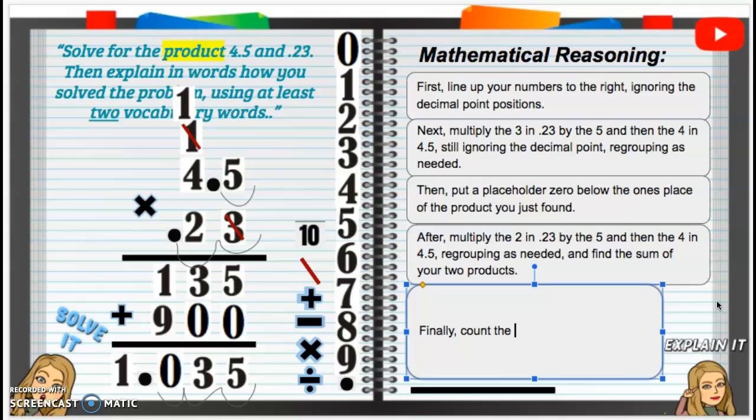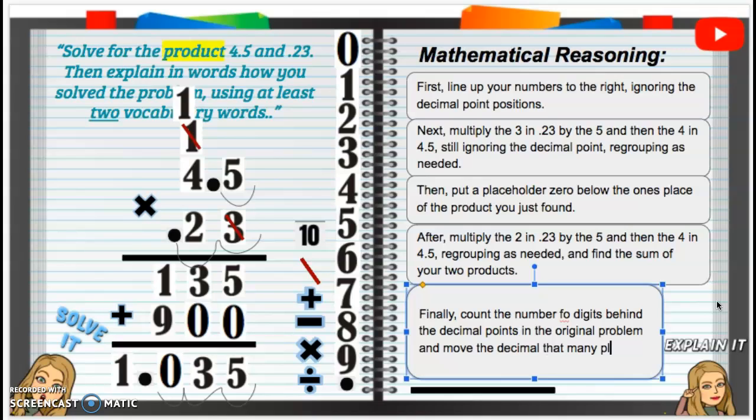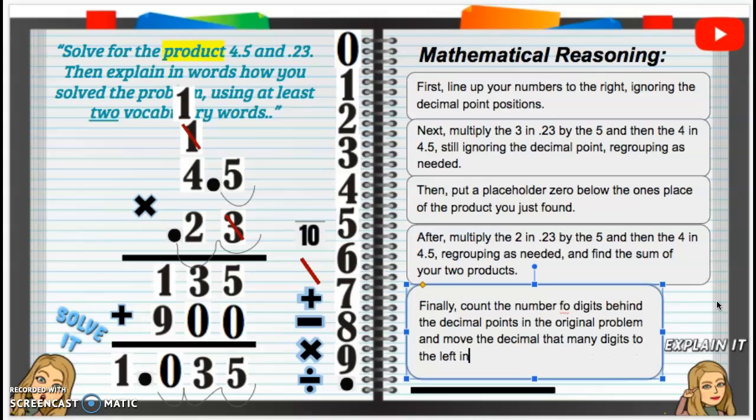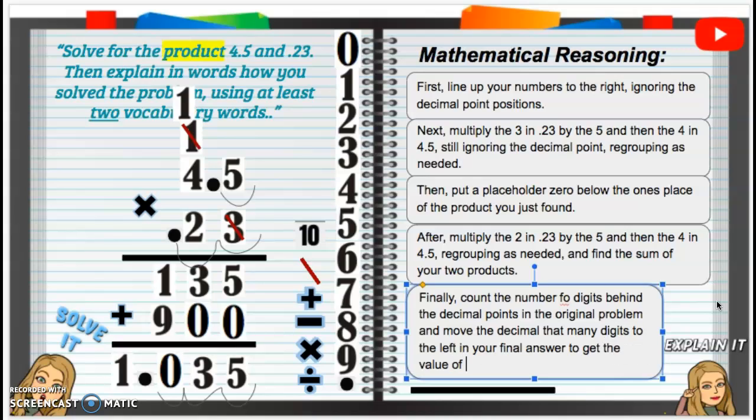So finally, count the number of digits behind the decimal points in the original problem and move that decimal that many digits to the left in your final answer to get the value of 1 and 35 thousandths.